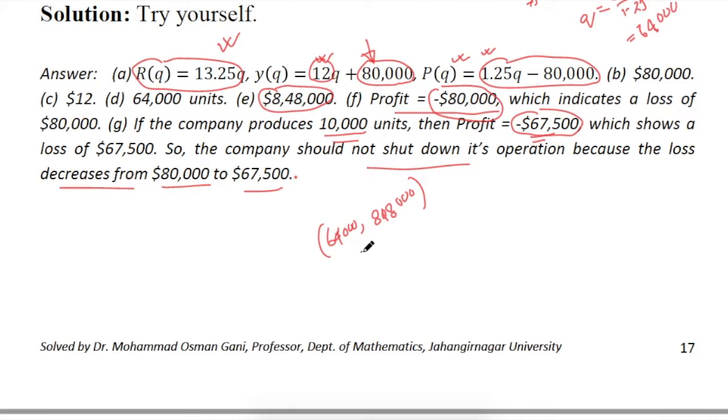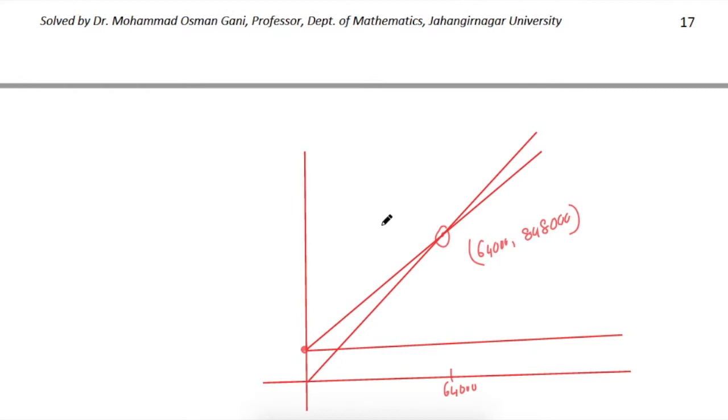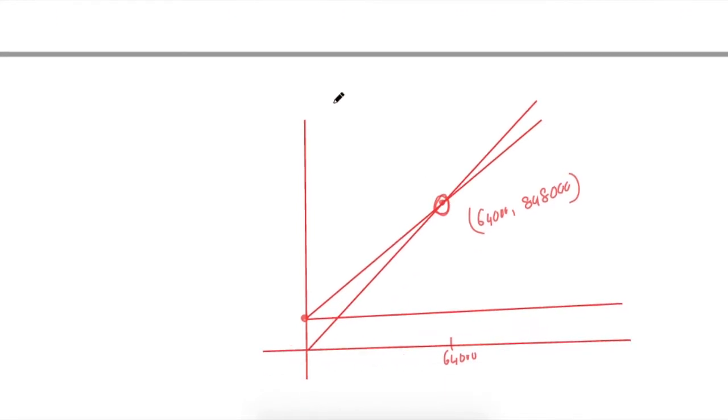So you can try to sketch the break-even chart by yourself, but let me show you quickly. The break-even point, I said 64,000 is the break-even quantity, and this is the y coordinate, or R coordinate, which is the break-even dollar volume of sales, 848,000. If we just put this point here, you don't need to be so serious in order to know where this point is, it is just a rough sketch.